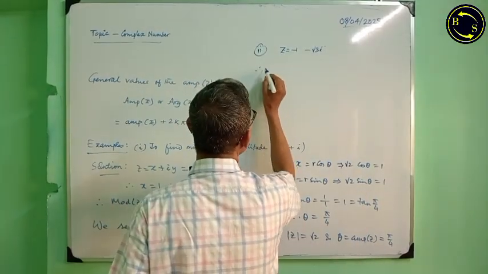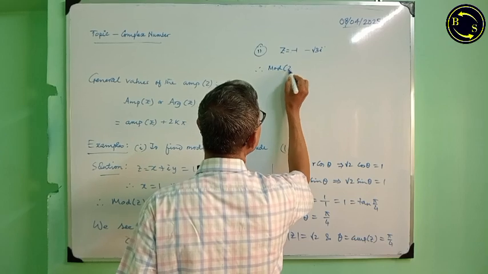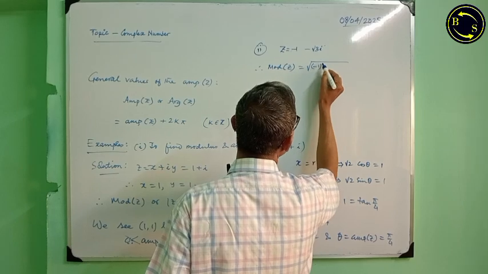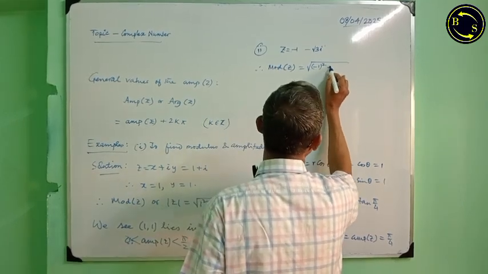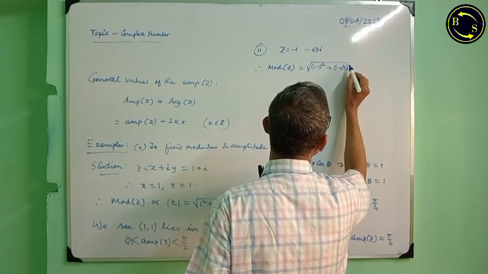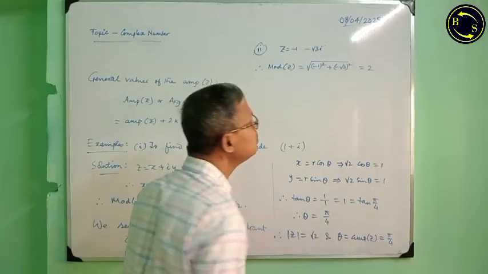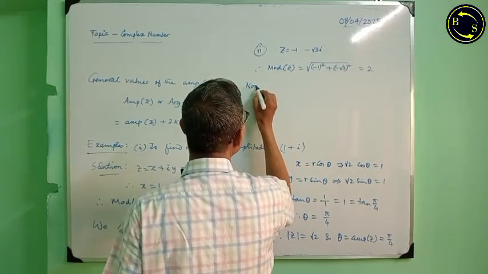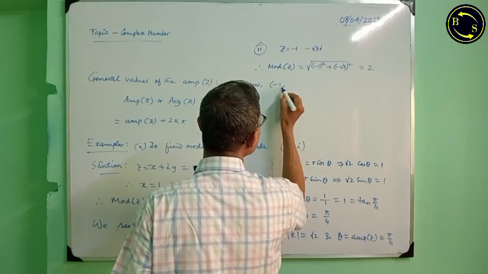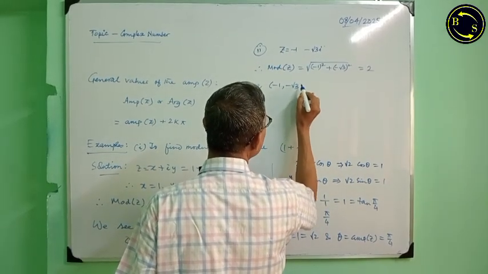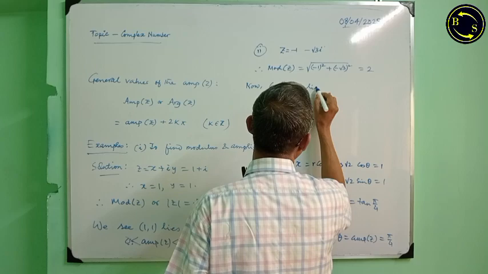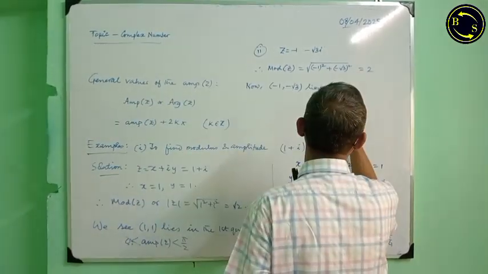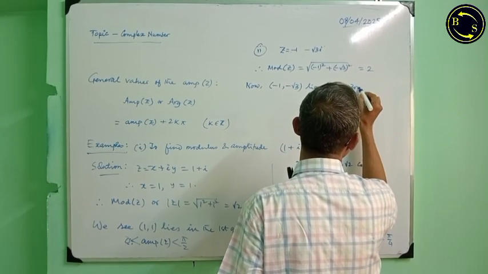Then first I find the modulus using the formula, under square root, x squared plus y squared. Now I mention that (-1, minus root 3), both negative, lies in the third quadrant.